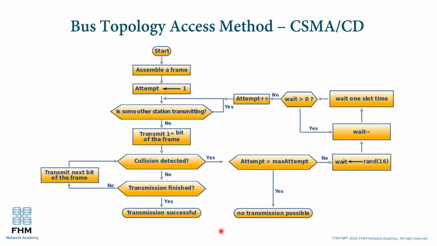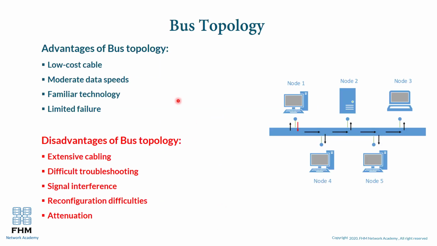Let's talk about the advantages and disadvantages of bus topology. The first advantage of bus topology is the low cost of cable. In bus topology, nodes are directly connected to the cable without passing through a hub or any intermediate devices. Therefore, the initial cost of installation is low.